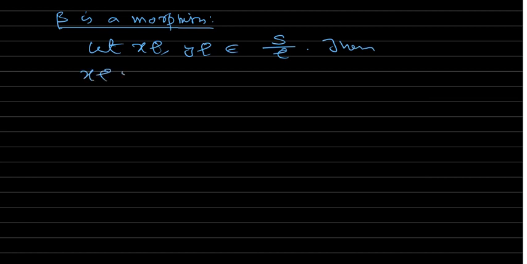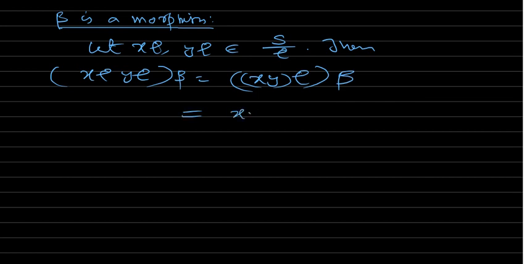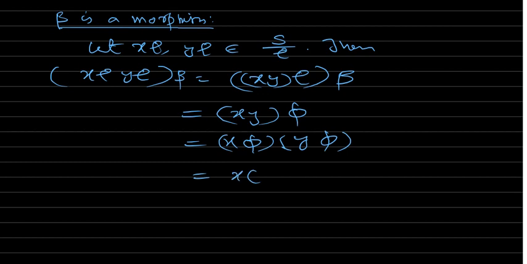X rho y rho of beta, this is same as x y rho of beta, which is equal to, by definition, x y phi, that's equal to x phi y phi, which is equal to x rho beta and y rho beta. So this beta is morphism.